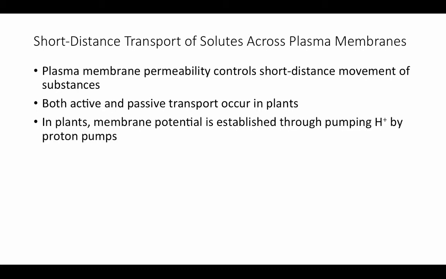The membrane potential that's developed in plants. So remember, the membrane potential refers to the difference in electrical charge or voltage between the inside of the cell and the outside of the cell. In plants, this membrane potential is established through pumping of hydrogen ions by proton pumps.